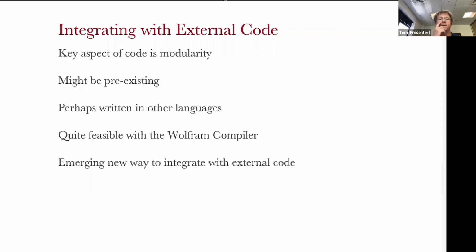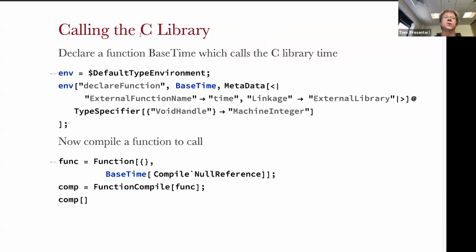So let's have a look at integrating with external code. This is something that we do a lot to build out existing functionality. Here I'm calling into the C library on my system, and there's a function there that gets the time in seconds.